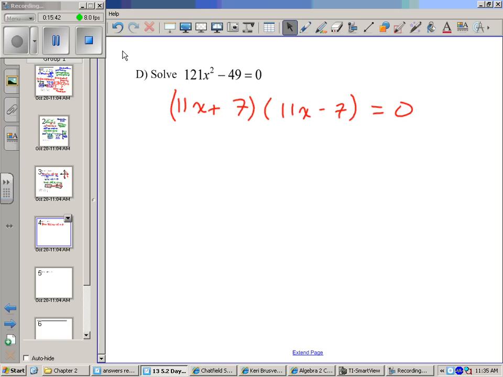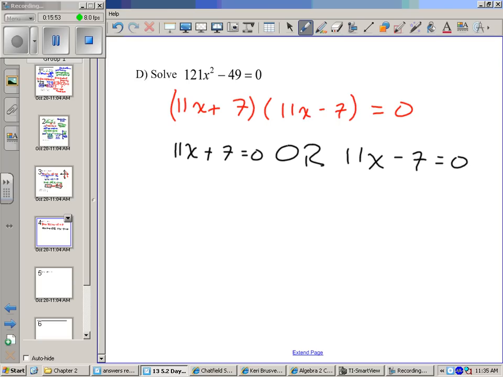By the zero product property, I can say 11x plus 7 is equal to 0, or 11x minus 7 is equal to 0. I want to go ahead and solve these two for x. So here I'm going to subtract 7, 11x is equal to negative 7, divide by 11, x is equal to negative 7 over 11.